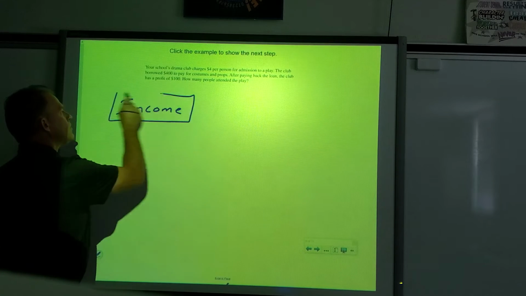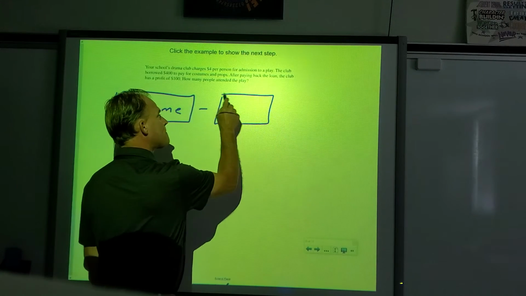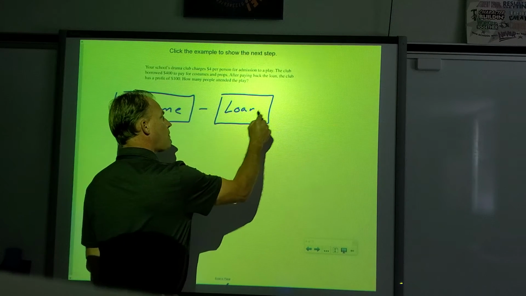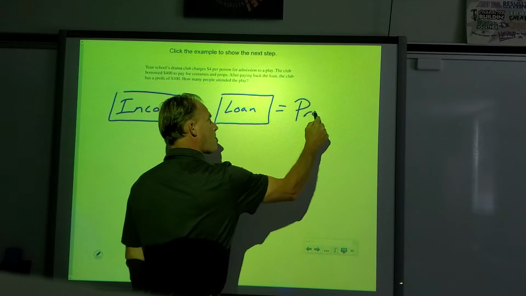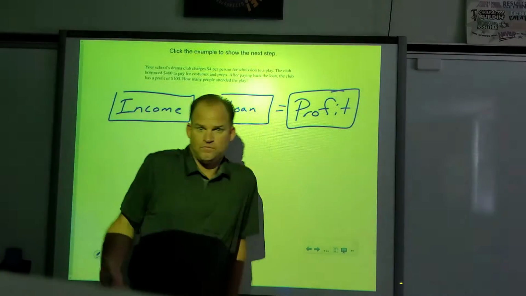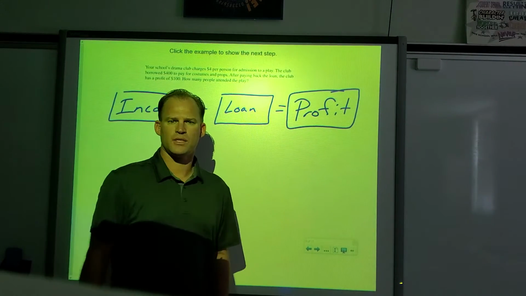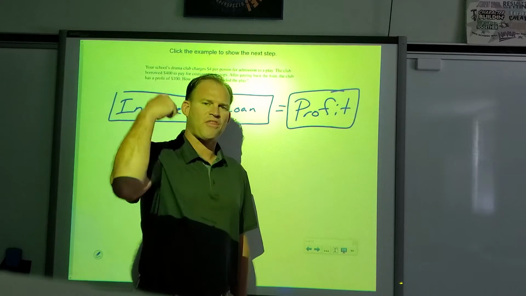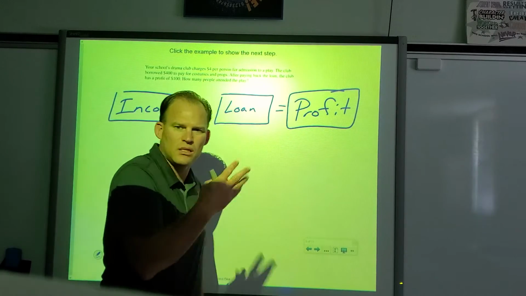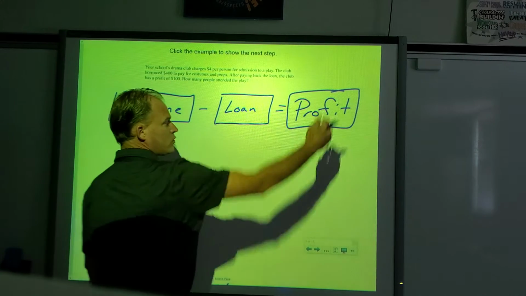So the amount of money that I made minus my loan equals profit. Okay? Nothing complicated there, makes perfect sense. So I'm starting this problem by thinking about just life. How do things work? Income minus loan equals profit.